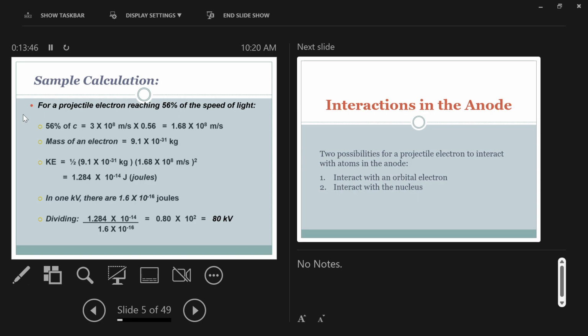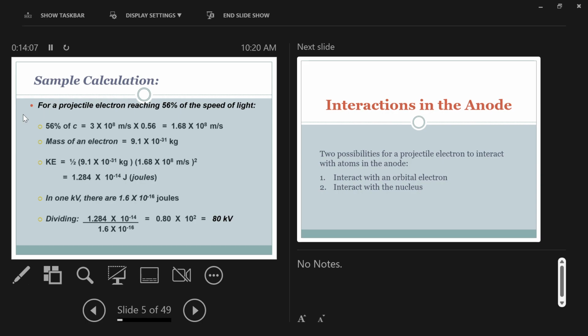What you come out with after that, again, I'm not going to make you do these, but I'll give you some easier ones that are a little bit easier to digest. But when you do that, you get 1.284 times 10 to the negative 14. That's what all of this calculates out to.